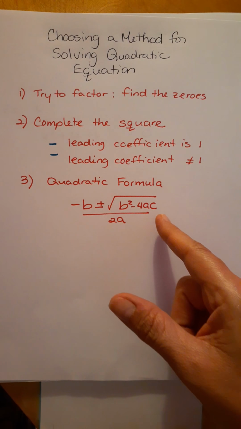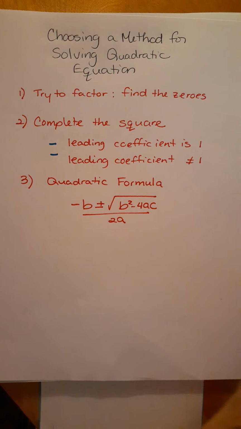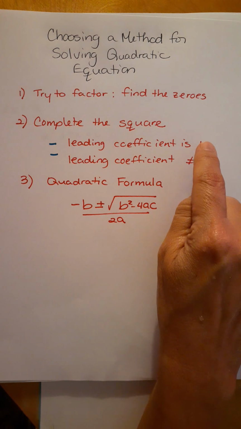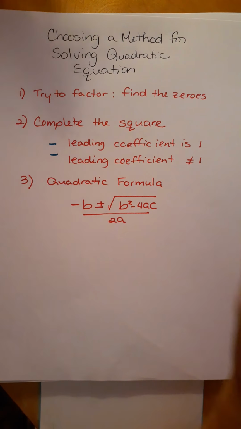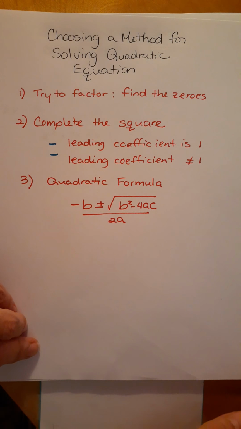That's the downside. Now, for completing the square, it's just a few more steps. And you do have to remember that it's slightly different when you have 1 as the leading coefficient, or a number other than 1 as the leading coefficient. So let's go ahead and start.